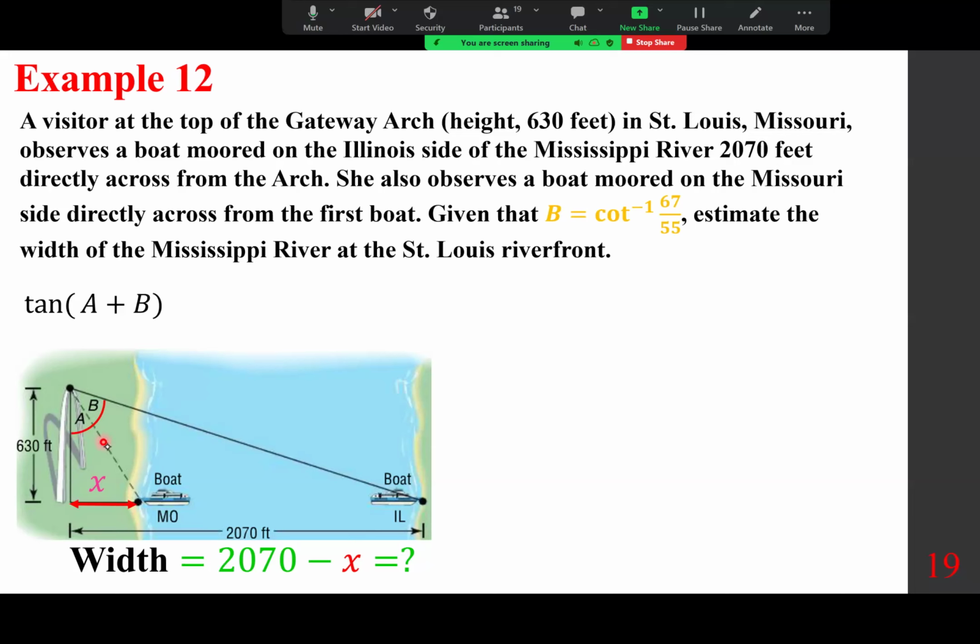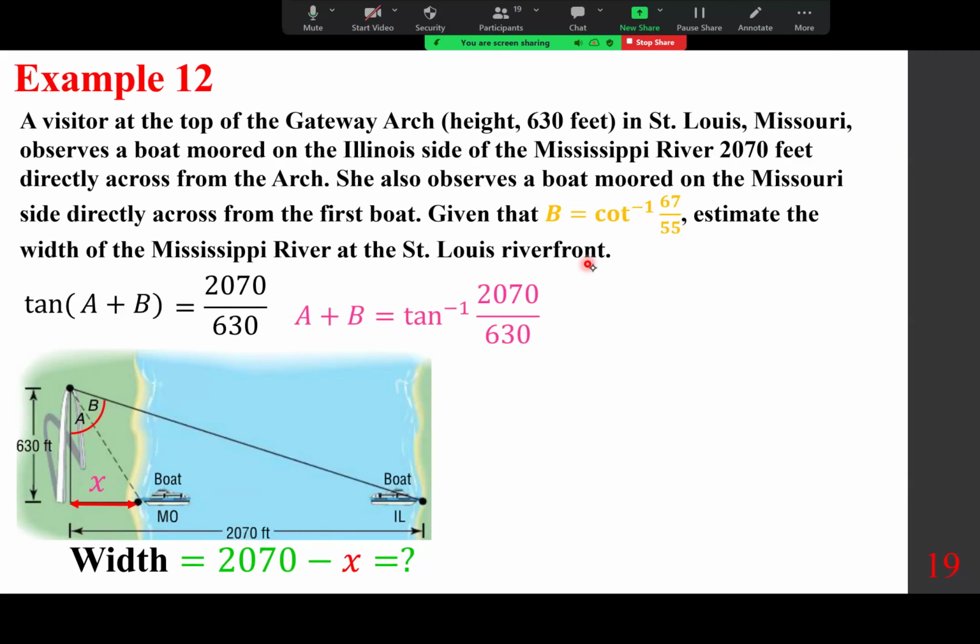So this is a plus b. Tan of a plus b is the opposite, 2070, over the adjacent, 630. And that we can calculate. The idea is very simple. We can calculate this angle, and then this angle is given. Subtract from it. That's all there is to it. So a plus b is the tan inverse of this number.